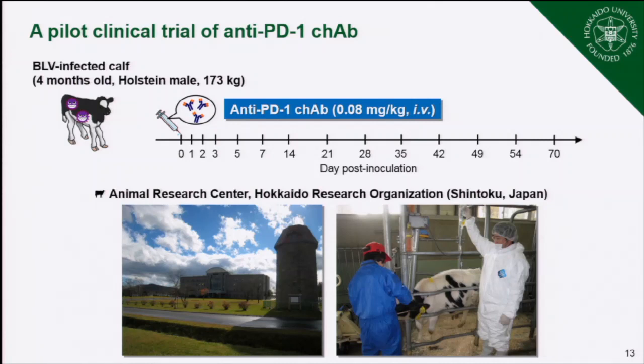So finally, we analyzed a pilot clinical study of this chimeric antibody using BLV-infected calves, 4-month-old Holstein males. We inoculated the virus experimentally, and after getting the persistent infection, we inoculated the PD-1 chimeric antibody.